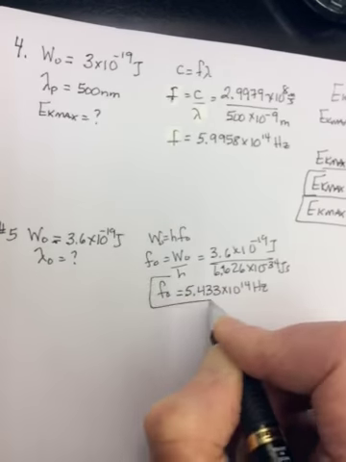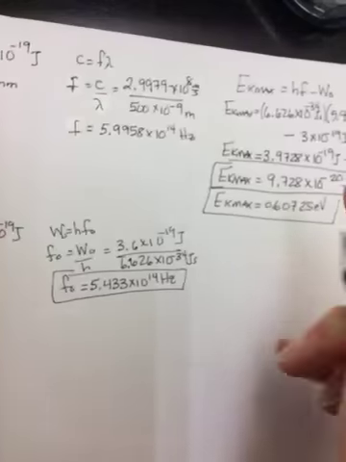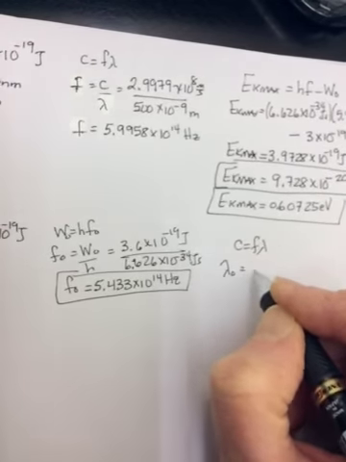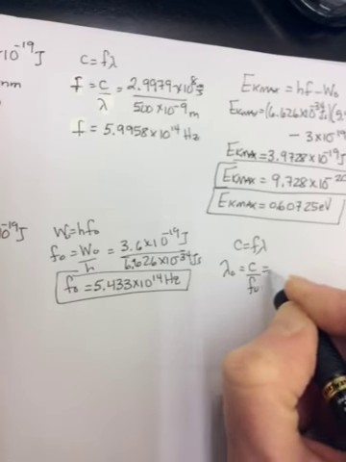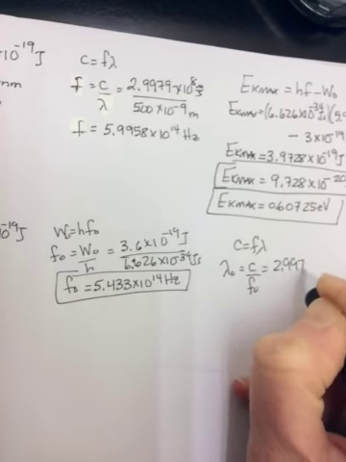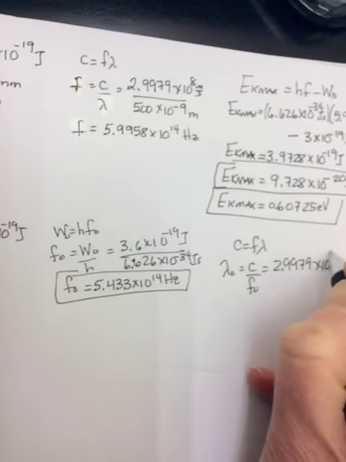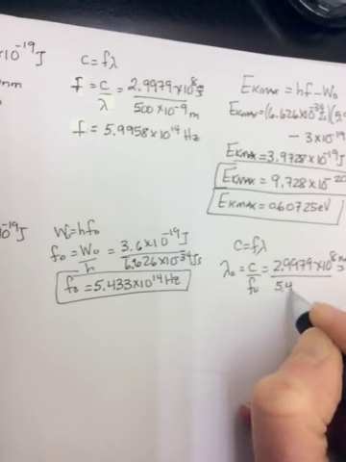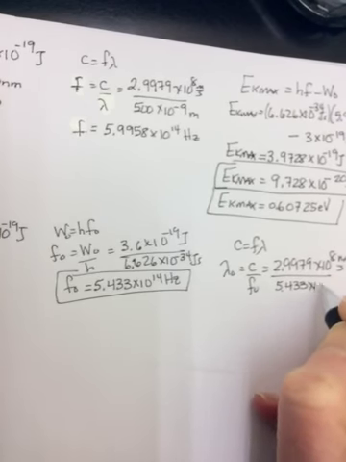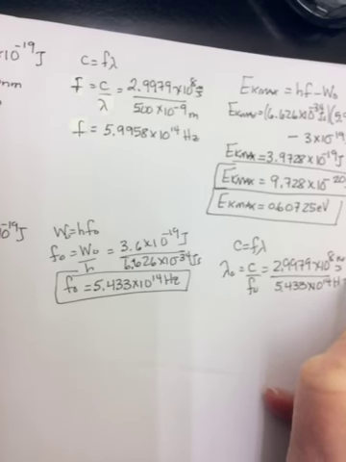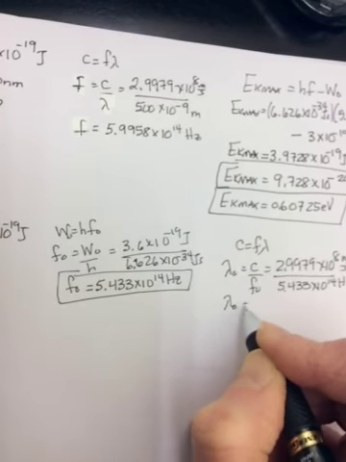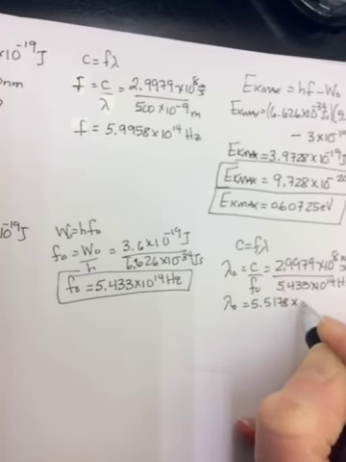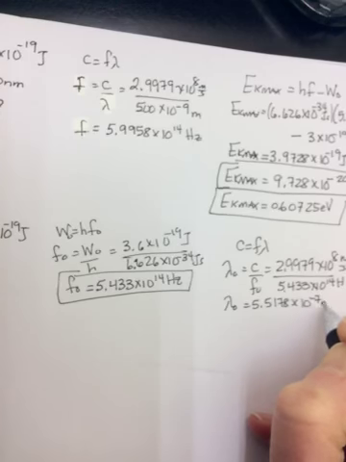Once you have your FO, you can now get your lambda O, because C equals F lambda. So lambda O is equal to C over FO. So 2.9979 times 10 to the 8th meters per second, and FO 5.433 times 10 to the 14th hertz. Lambda O will equal 5.5178 times 10 to the negative 7 meters.